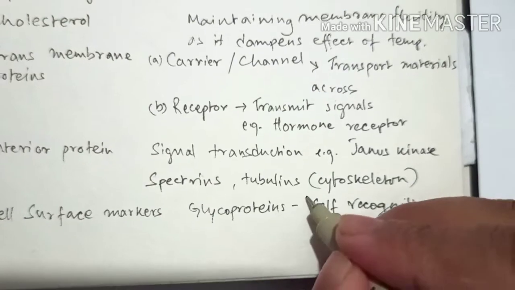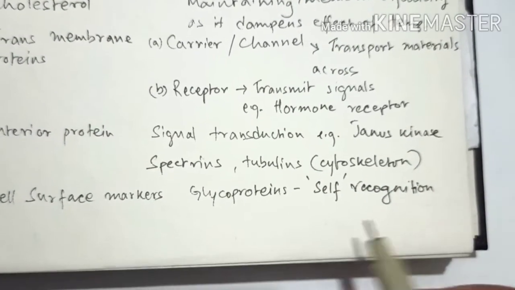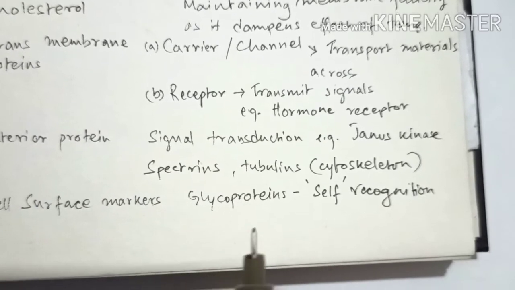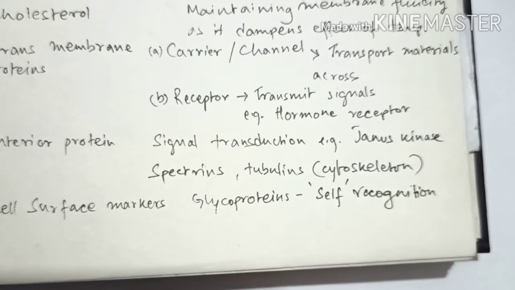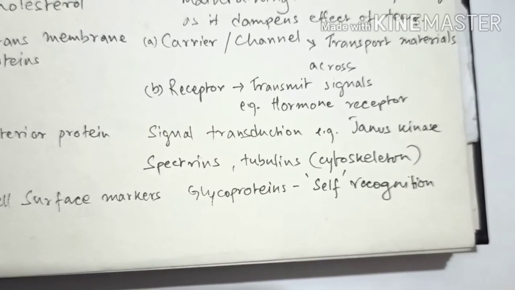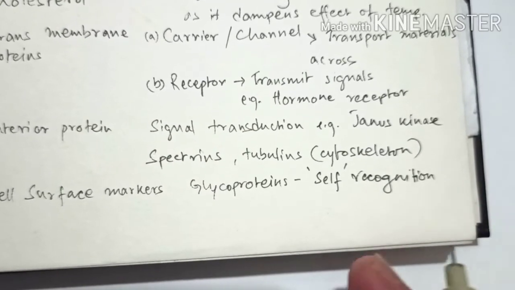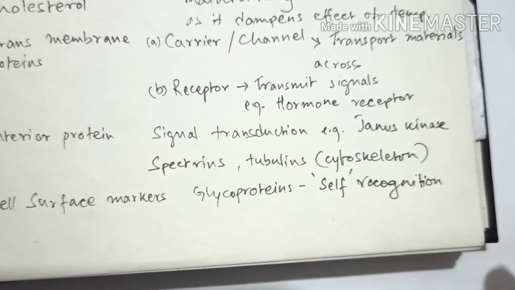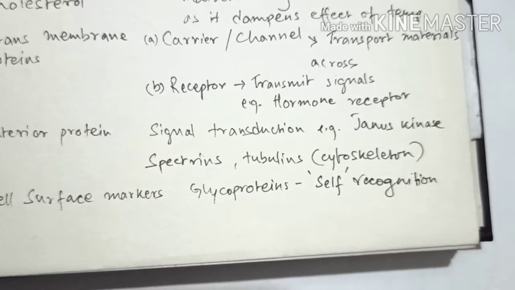Self-recognition. Now what does this word self-recognition mean? It means this glycoprotein will help the immune system of our body to recognize whether the cell is of the normal type or the one which has turned cancerous. So it can sort it out and work accordingly.